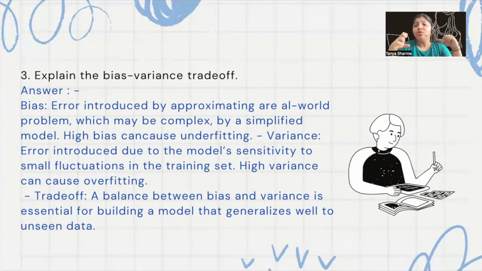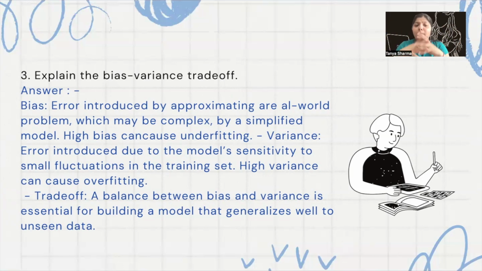High bias can cause underfitting, but high variance can cause overfitting.